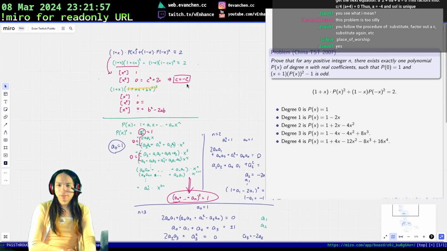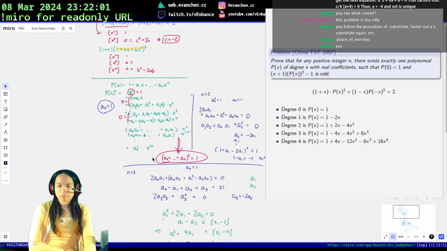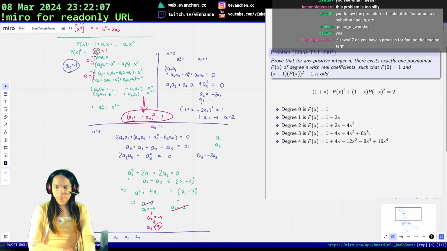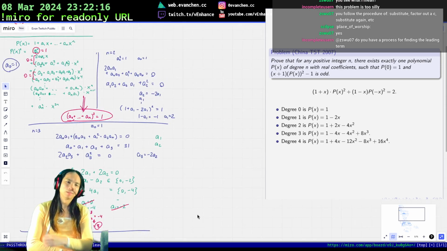Like I noticed that at the top. And where did I write the general equations? I see. Okay, the leading term will always factor. Really? That's so.